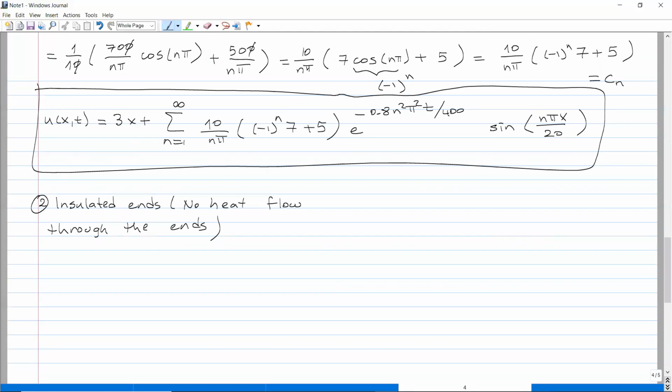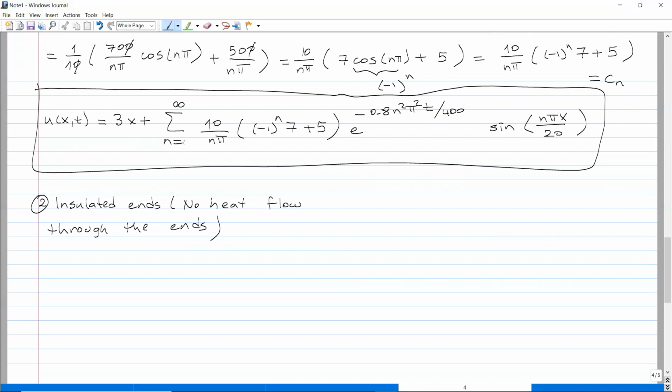That changes the boundary conditions because now the ends are not kept at constant temperature. There's no heat flowing through the ends. So we take the ends together with the whole rod. They are not kept constant, okay? But there is no flow.